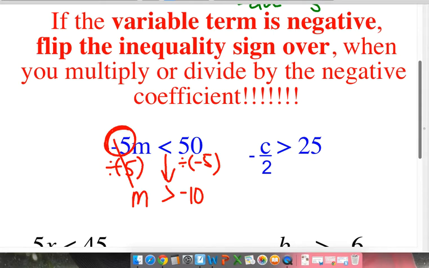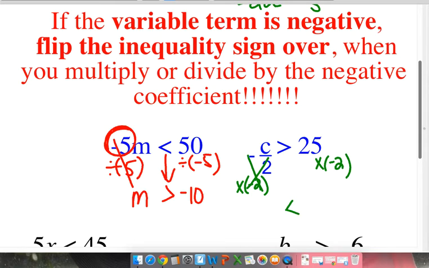Same thing happens over here on the right. Right now it says c divided by -2 is greater than 25. So instead of dividing by -2, we're going to multiply by -2 on both sides. That cancels. The sign flips.